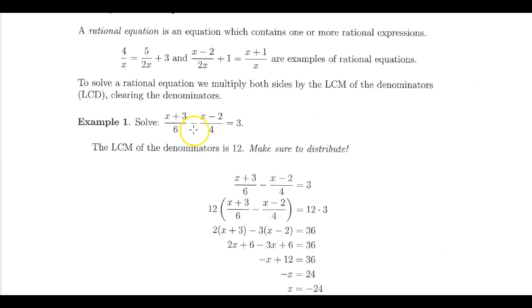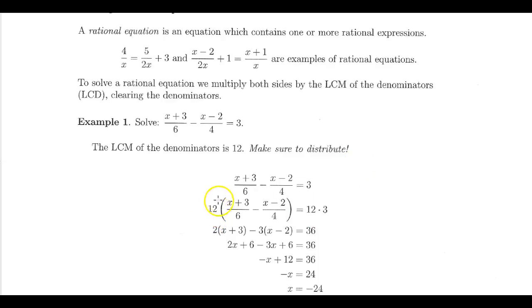Suppose we want to solve x plus 3 over 6 minus x minus 2 over 4 is equal to 3. If I look at 6 and 4, the least common denominator is 12. So I'm going to multiply both sides of the equation by 12, and make sure that I distribute.